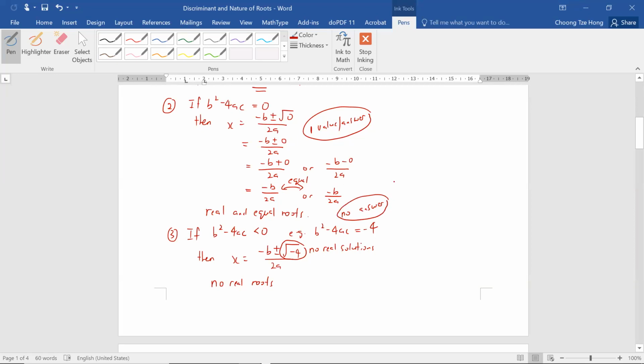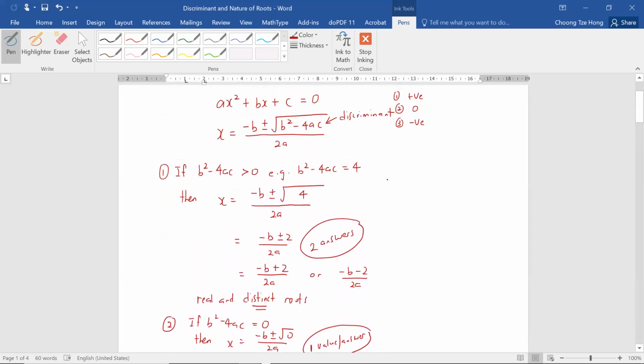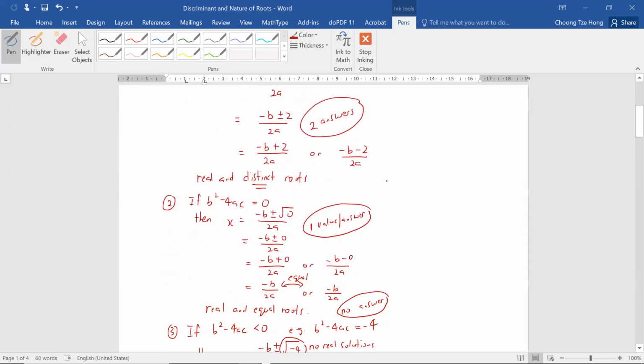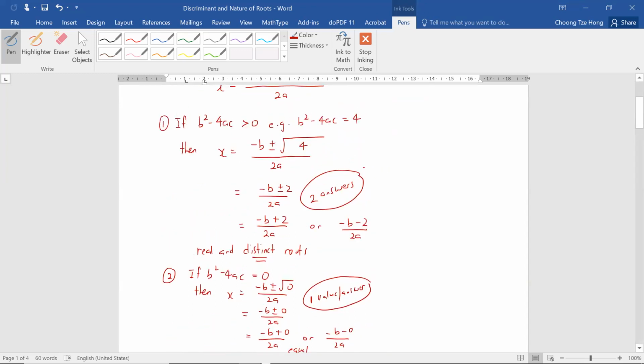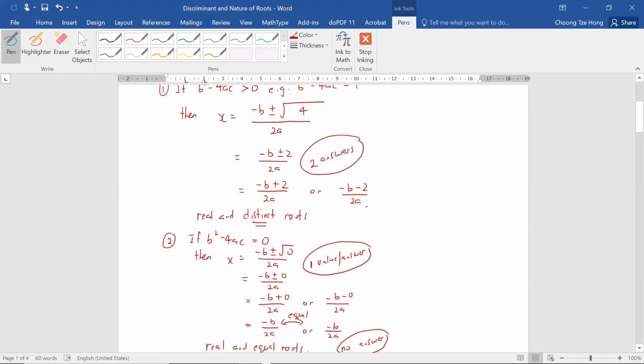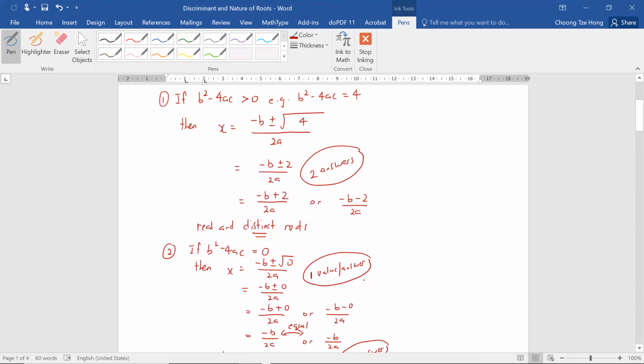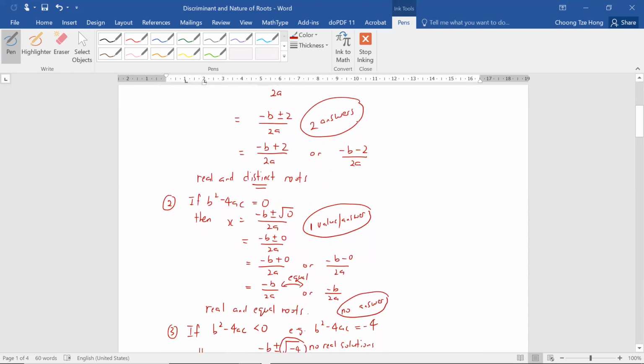Okay, so going back to the question, why is this called a discriminant? The discriminant means to differentiate, right? Between one thing to another. So you can see here when the b square minus 4ac changes from positive to 0 to negative, we get three different scenarios that pan out. The first one is two answers, real and distinct roots.